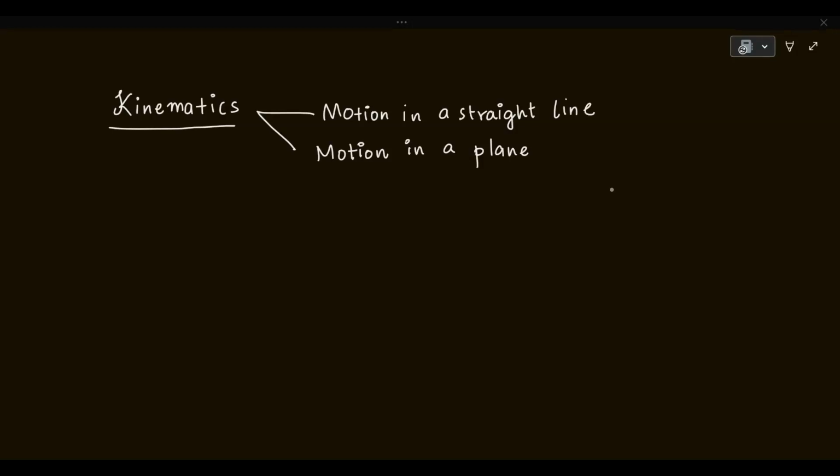I'll say okay, this body has 5 meter per second square or 10 meter per second square acceleration, but I'll never bother about where this acceleration came from. So kinematics is the study of all the motion parameters except for one singular question, which is why this body is moving. That is taken up after this chapter in a chapter called Newton's laws of motion.